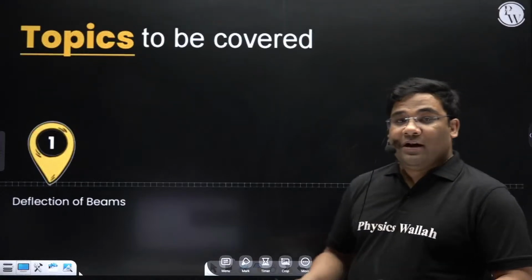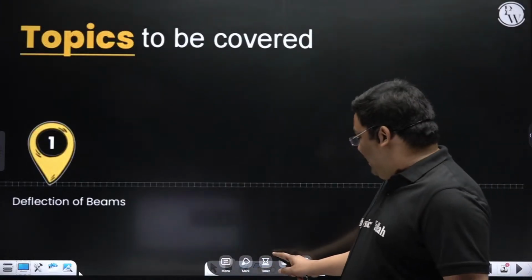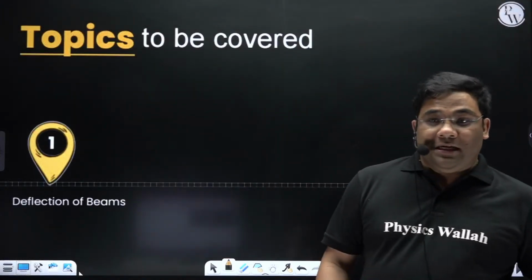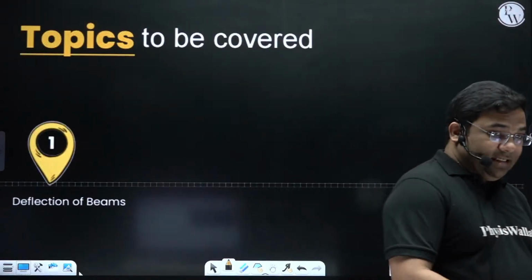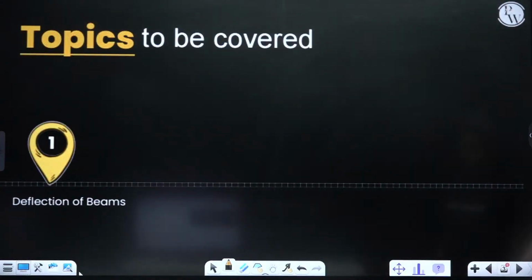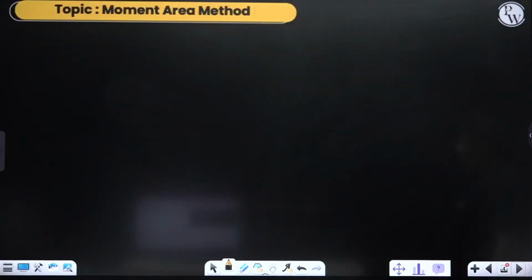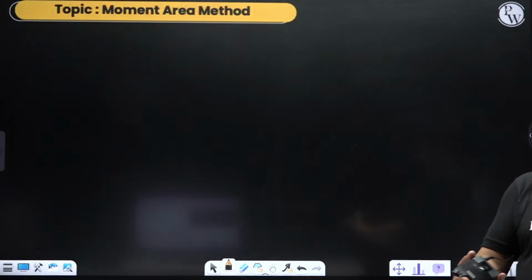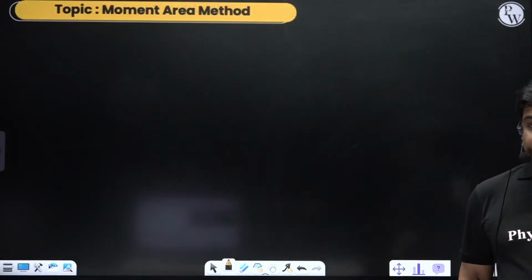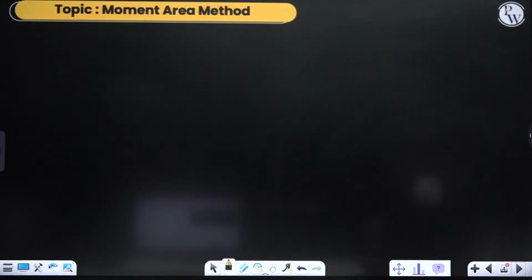It's not that if you apply a different method then the expression will change. So we will be seeing the easiest one, that is the moment area method, and we will try to derive the standard formulas for standard loadings, and then we'll be solving questions on them also.